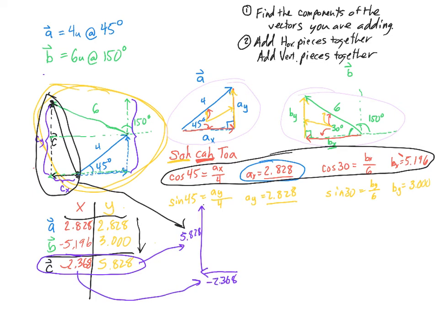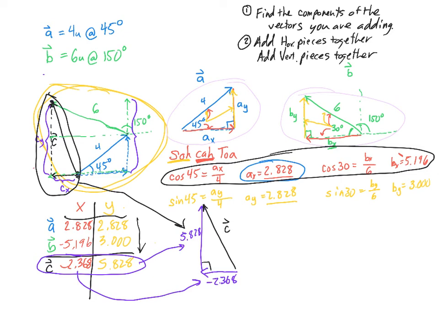Those should come together to give me this vector C. All right, now to get that, you do Pythagorean Theorem, right? Do Pythagorean Theorem to get a squared plus b squared equals c squared. This is a right triangle. It's a horizontal and a vertical. That's the whole point, is that working with horizontal and vertical components is really going to make this a lot easier in how we get these answers.